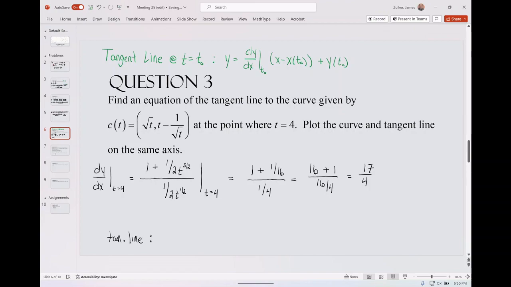So our tangent line, y equals slope times x minus x evaluated at 4. I'll just write it that way.